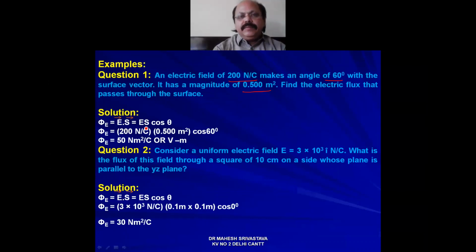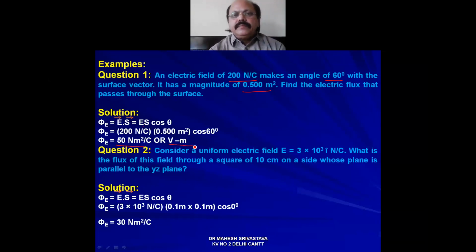So E is given 200 Newton per coulomb. Area is given 0.500 meter square. Angle theta is 60 degree. So cos 60 degree. So when you calculate it, then you will get phi E equal to 50 Newton meter square per coulomb, or 50 volt meter.